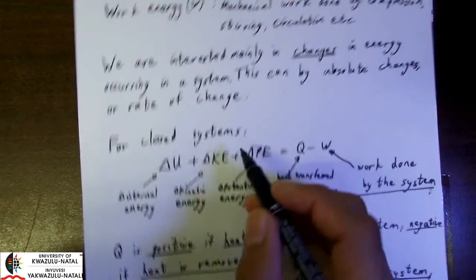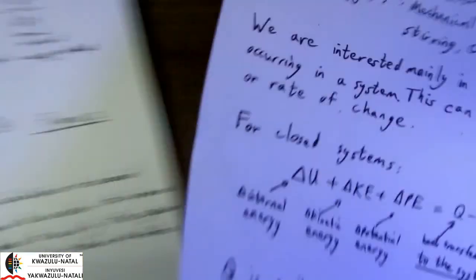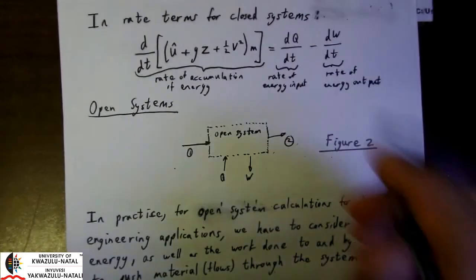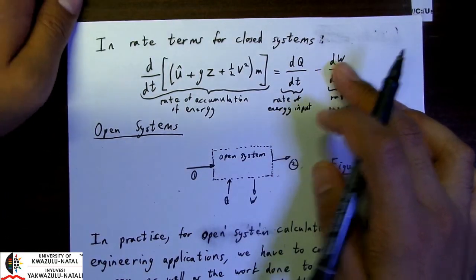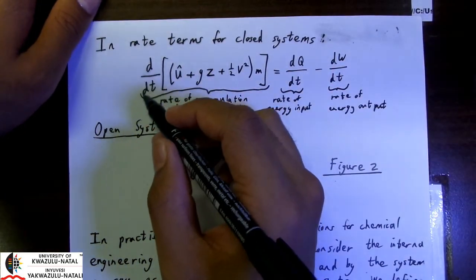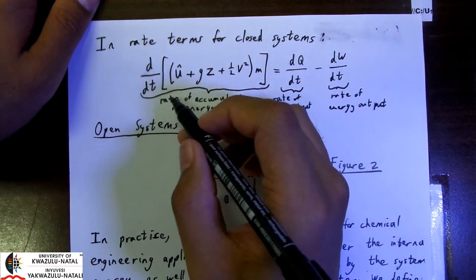Now, this is the expression in absolute terms. If we want to express it in rate terms, over a certain time period, we get the following.